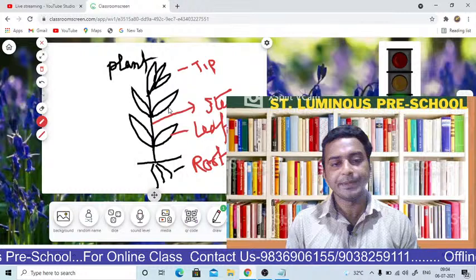Now I discuss the function of the leaf. All of you know, the leaf is the green part of the plant body and is photosynthetic. So the leaf is the kitchen room of the plant.